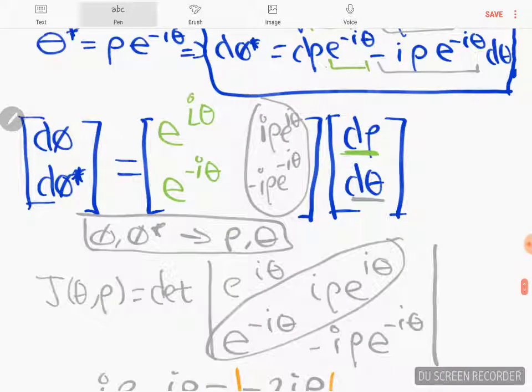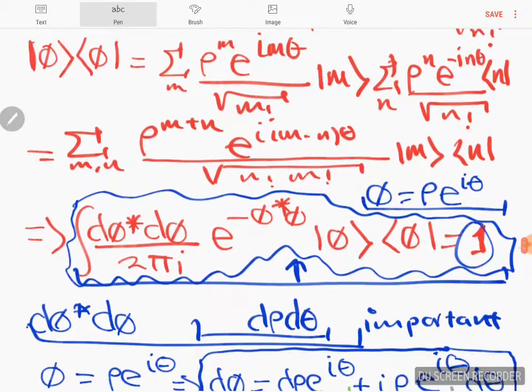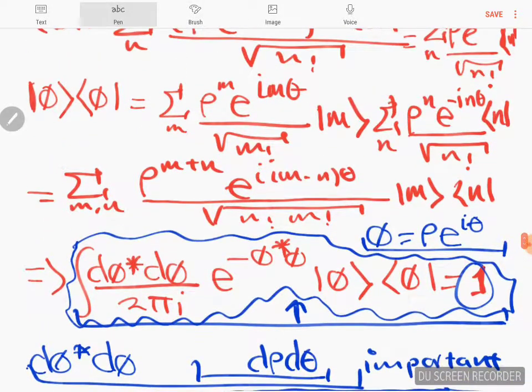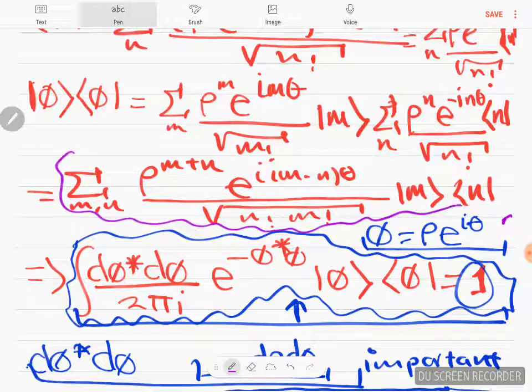What did we find for this? So let's check. We said it's this term here, so we can just move that term downstairs.